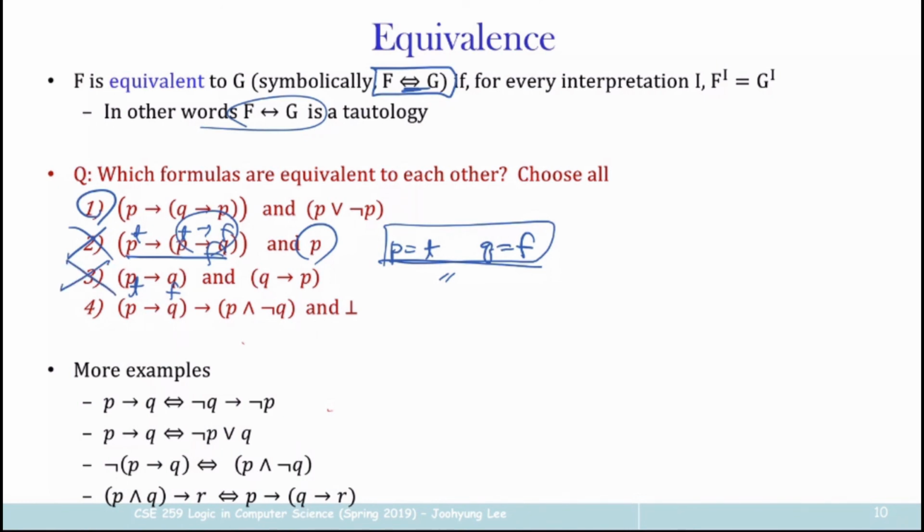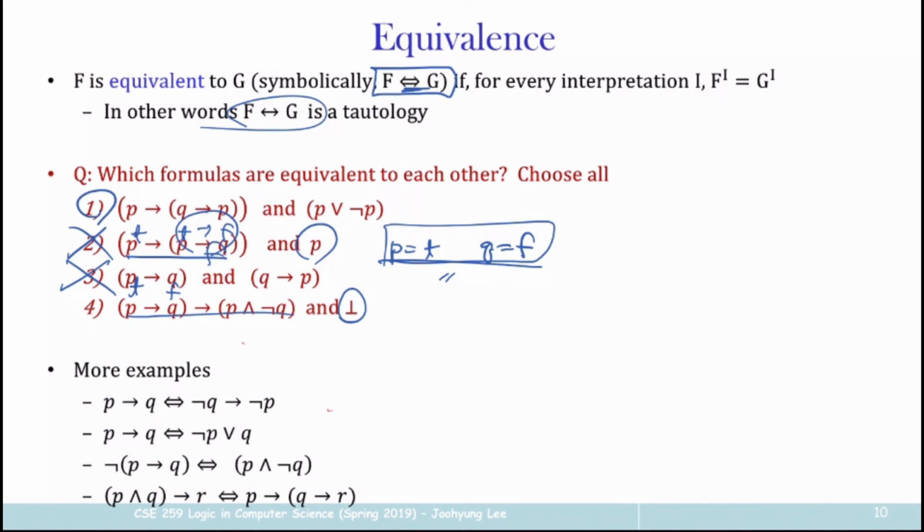What about the last one? What is the interpretation for bottom? I actually didn't say that, but bottom is always false, regardless of which interpretation you apply. So in all the rows of the truth table, bottom will return false. This is absolute falsity. What about this?